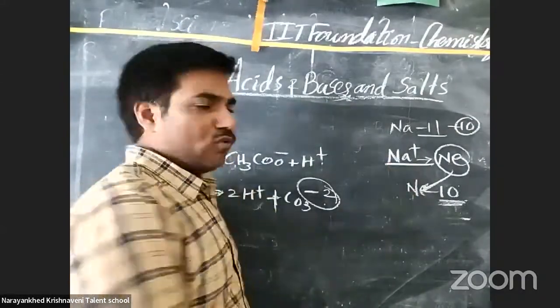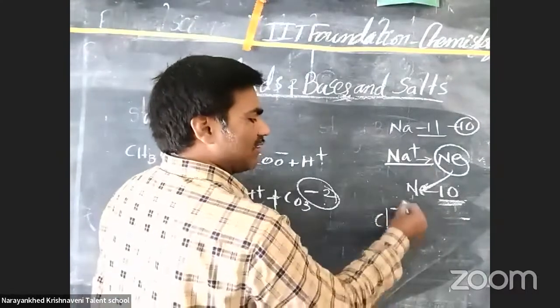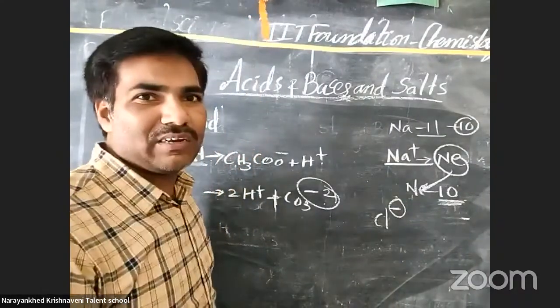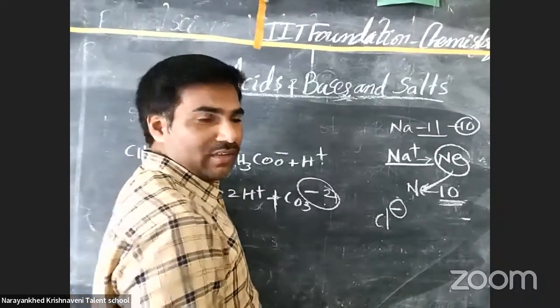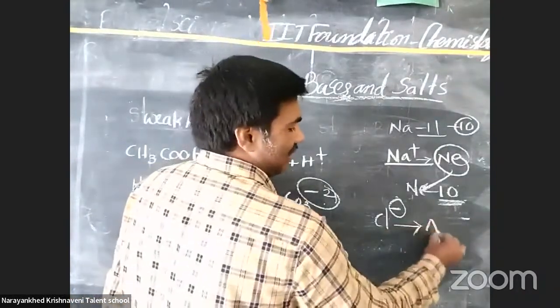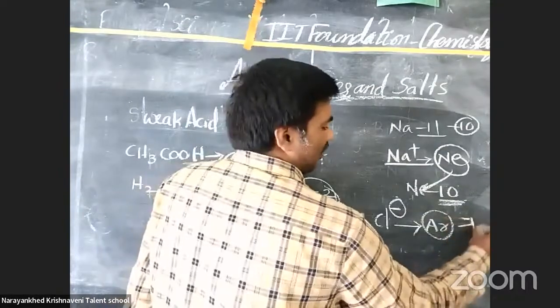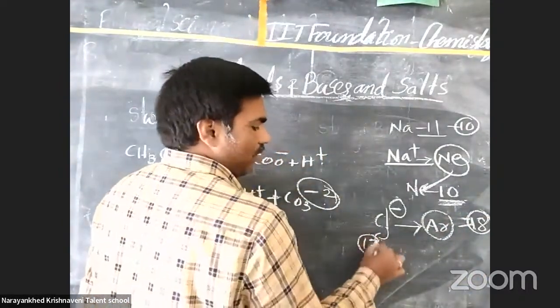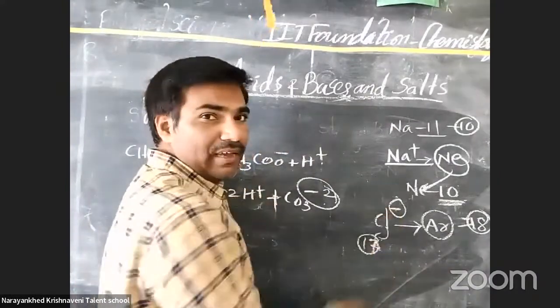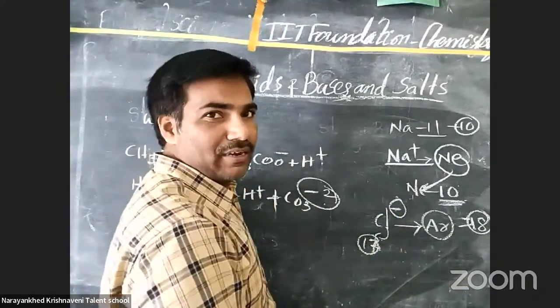Got it? Suppose you take chlorine. In HCl, chlorine is written with a minus. Why do we write minus here? The nearest gas to chlorine is argon. Argon's atomic number is how much? 18. But chlorine's atomic number is only 17. So it wants to take one electron from another atom.